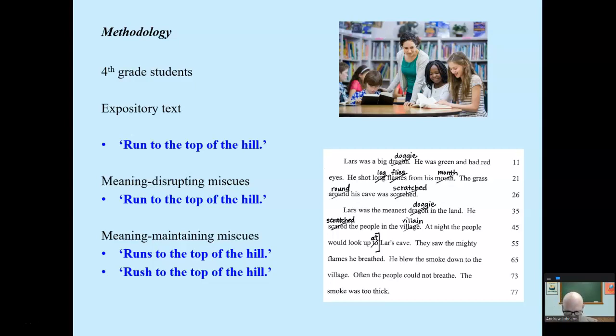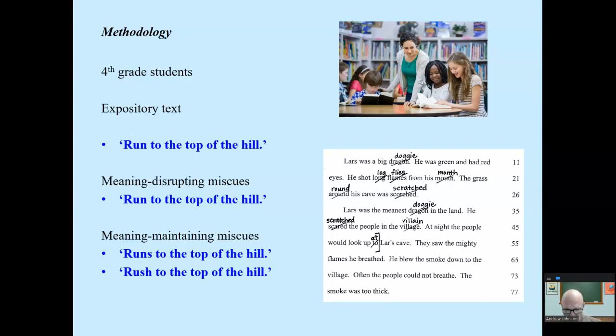For example, if the text says, run to the top of the hill, a reader might say, rat to the top of the hill. Saying rat instead of run is an example of a miscue. And we don't call them errors because sometimes miscues are not errors at all, rather mature reading behavior. And this will become more clear in a bit.